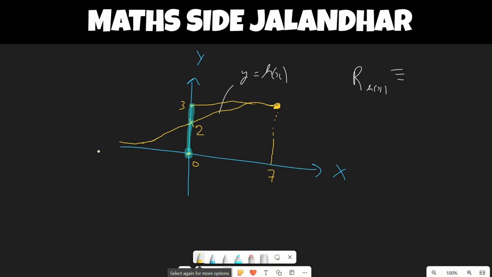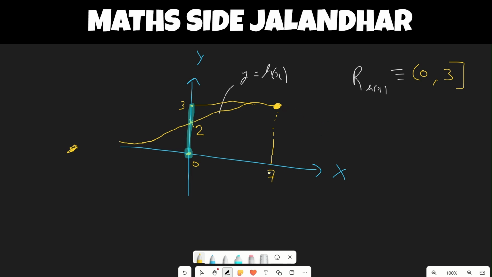Sorry, this is not going to negative infinity, here is 0, so it approaches 0, so the range is 0 to 3. Here I use a closed bracket because this one is a filled dot.